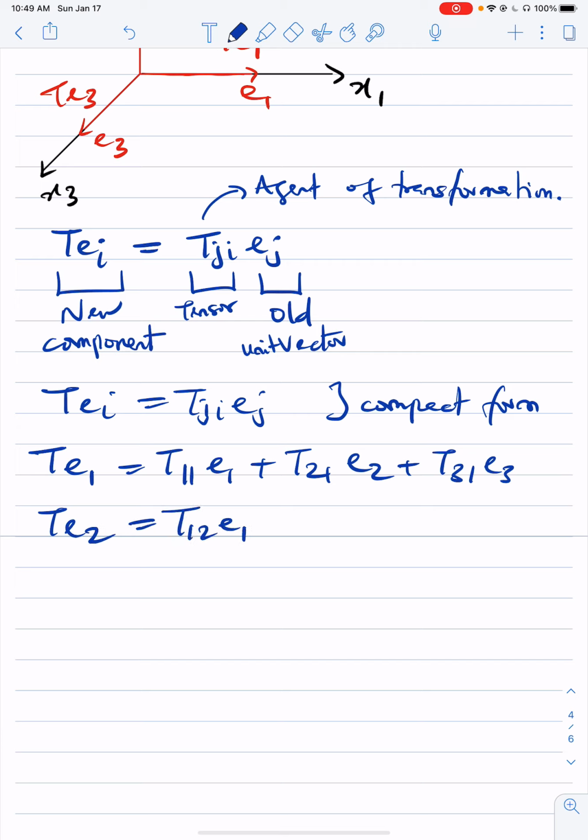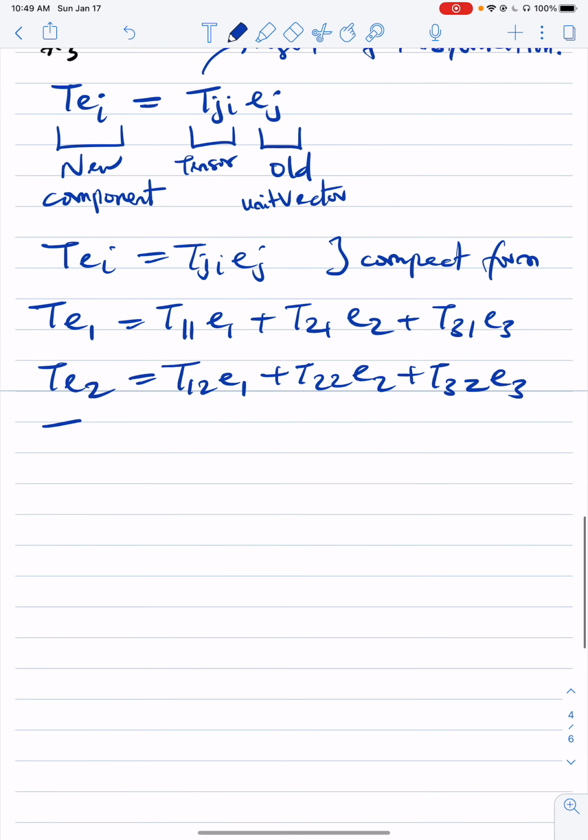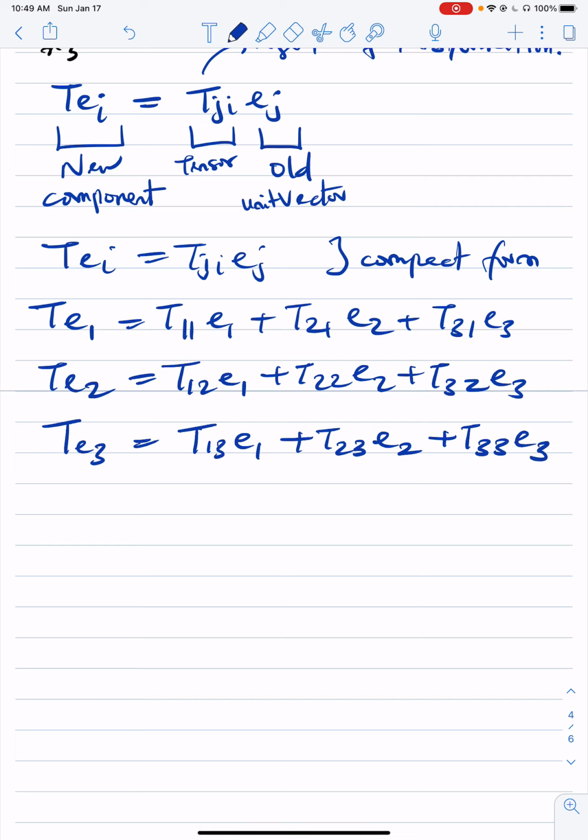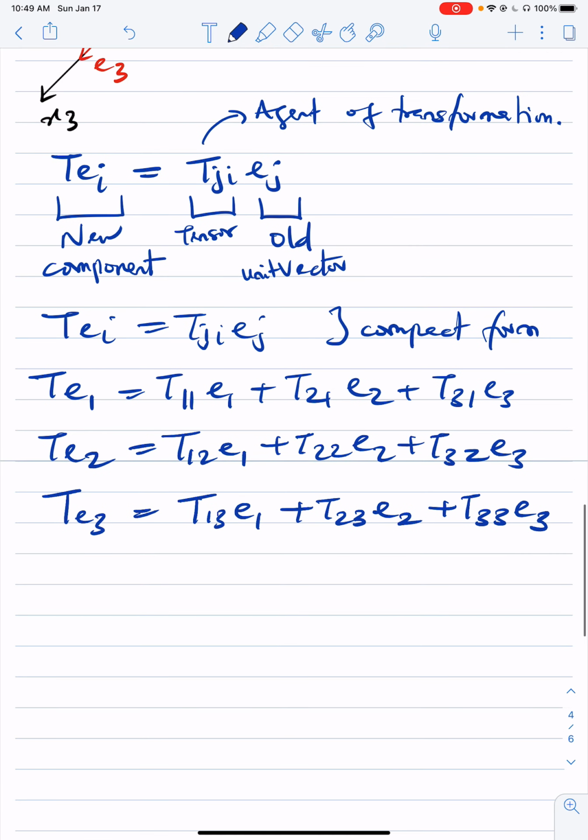TE2 equals T12 E1 plus T22 E2 plus T32 E3. Then TE3 should be T13 E1 plus T23 E2 plus T33 E3. So these are the 3 expressions. This is very important. I've expanded the compact form to give us these 3.